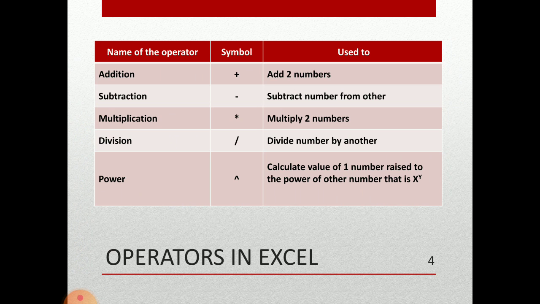Subtraction is used to subtract one number from another. Here the star symbol is used as a multiplication operator to multiply two numbers, and the slash is used for division, and the caret sign is used as a power, meaning calculate the value of one number raised to the power of another number, that is x power y.